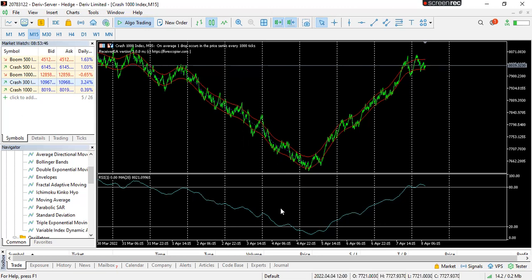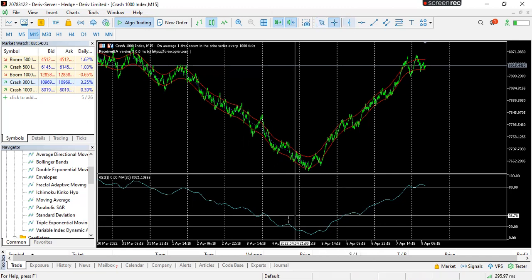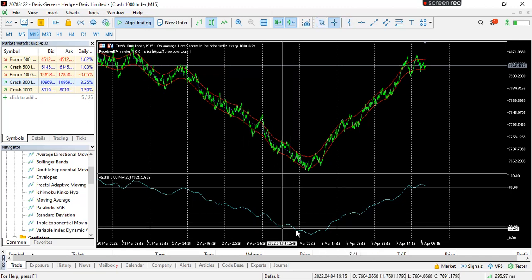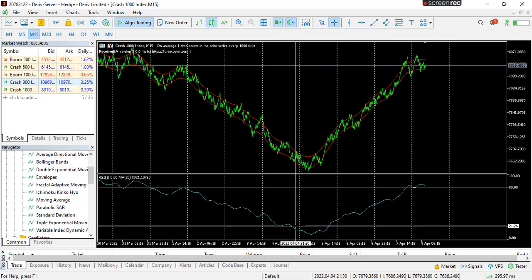What you want to do is, number one, be very, very patient. Enter the corresponding trade when the RSI leaves that zone. For example, here, if you enter the trade here, let's say it touched here and moved below, right?